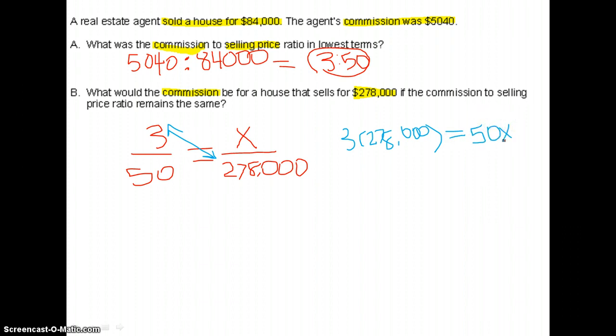So we're going to take 3 times 278,000, which is going to be 834,000, equals 50x. And then we're going to divide by 50 because remember we got to get x by itself.